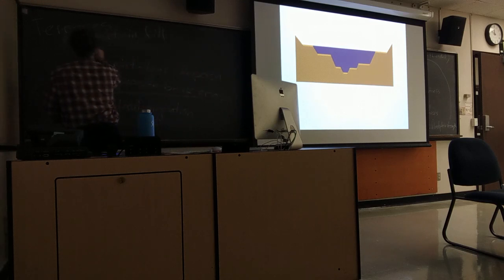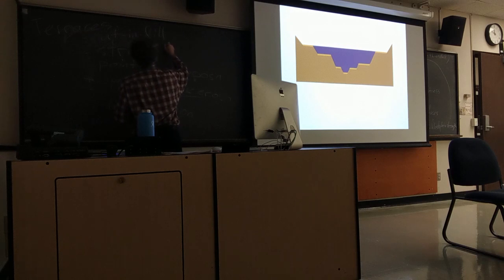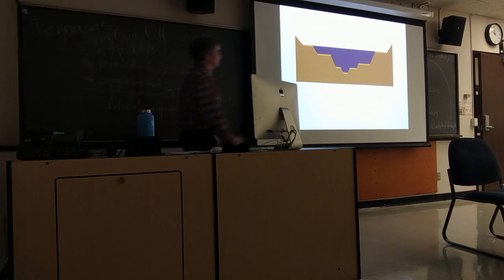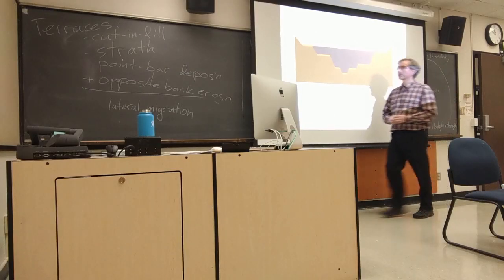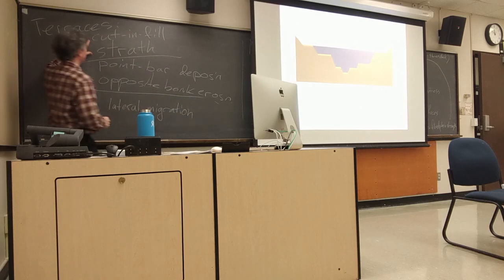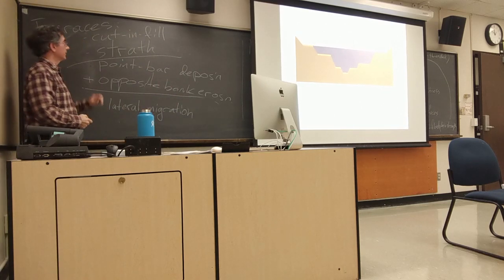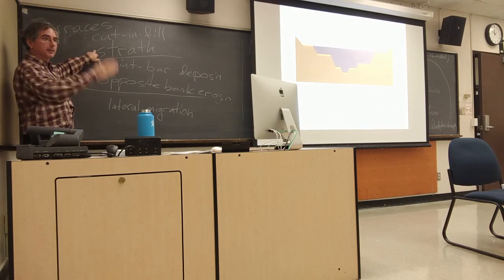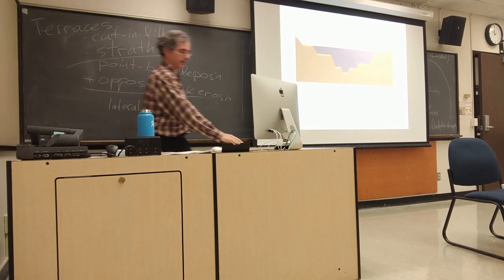Perhaps no external change required. Turn on the light, you can see what I wrote. But yeah, so we've got these two sorts of terraces, both somewhat enhanced by lateral migration. For the strath terrace especially, we've got to have that rapid lateral migration to create the strath.